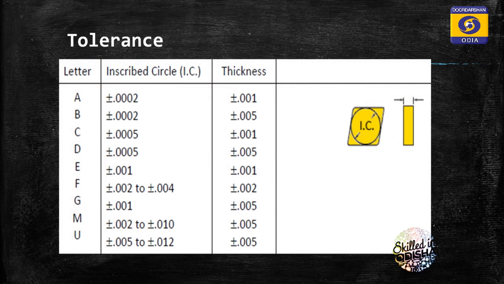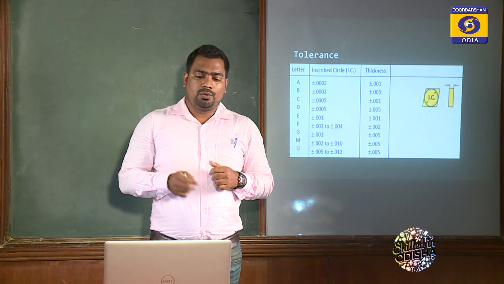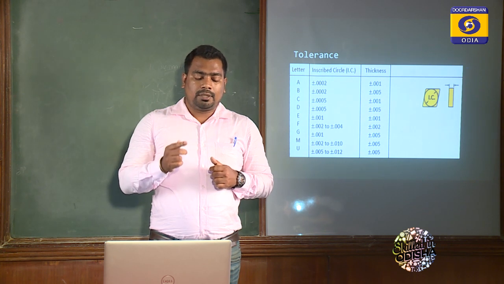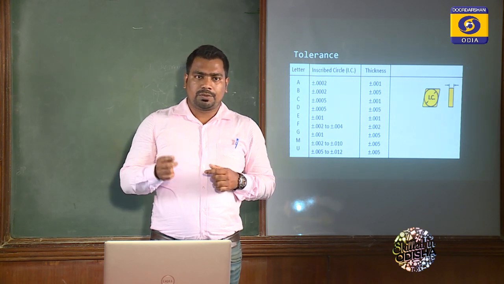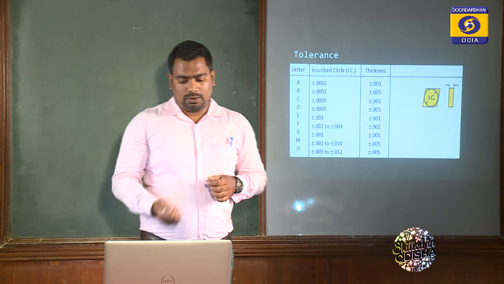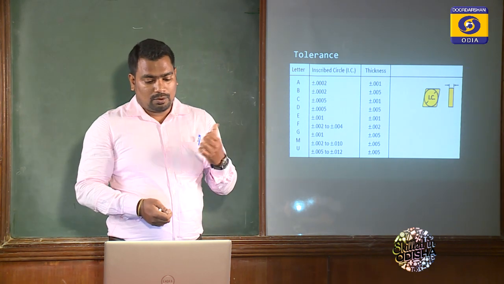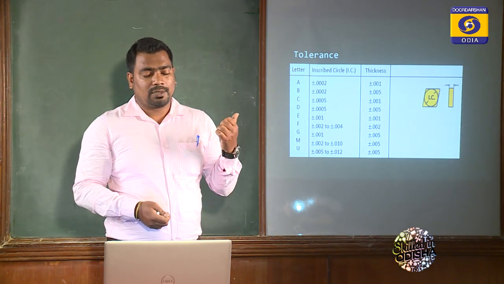These are the tolerances available in the cutting tool. Tolerance means that if a particular workpiece requires a particular tolerance for machining, then we have to choose a cutting insert whose tolerance is below the tolerance of the workpiece.